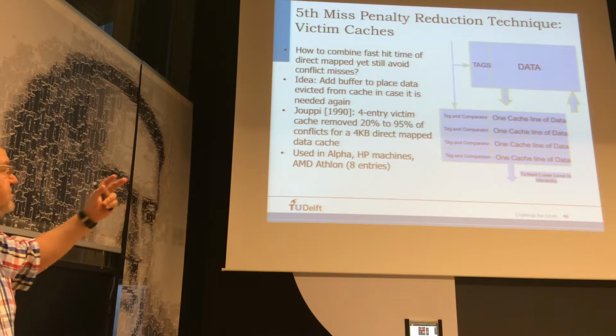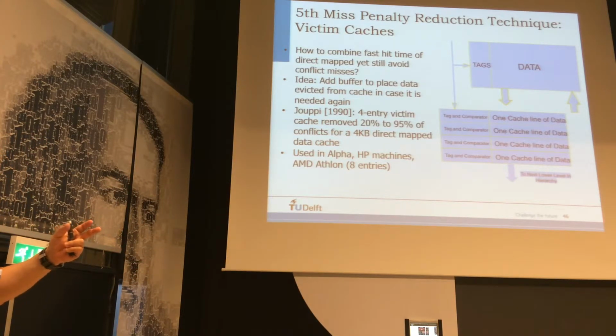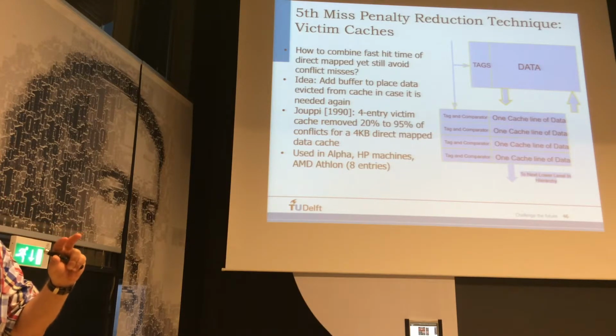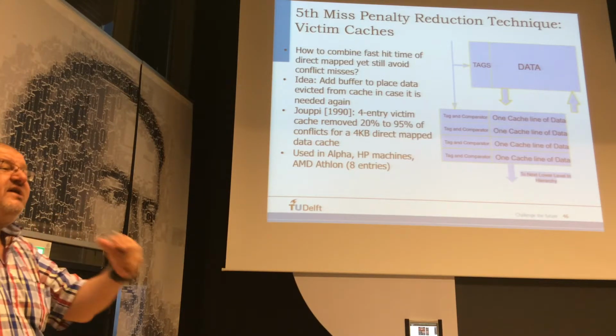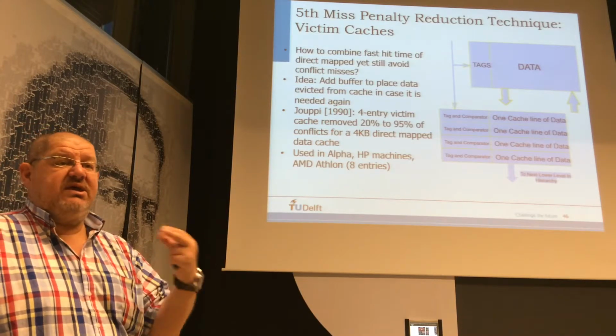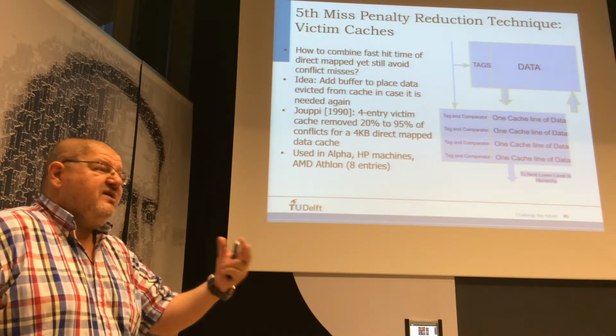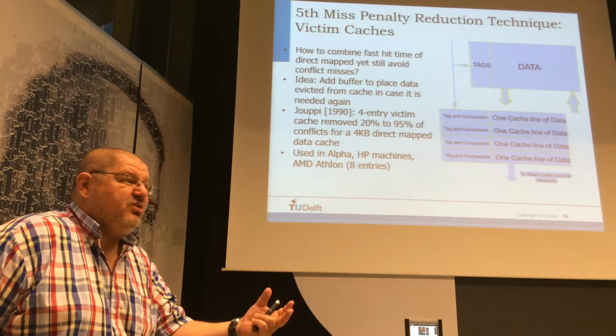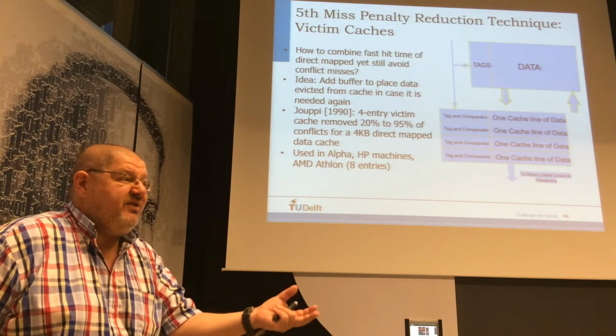What the victim cache is doing is storing temporarily that evicted line in a smaller cache. The evicted line, I can call it a victim, right? Because it was the victim of the conflict.